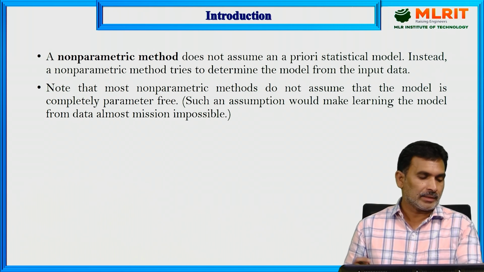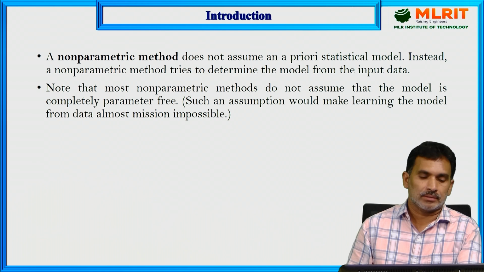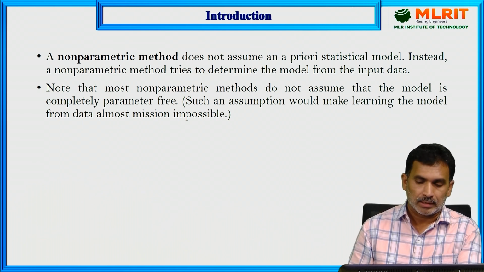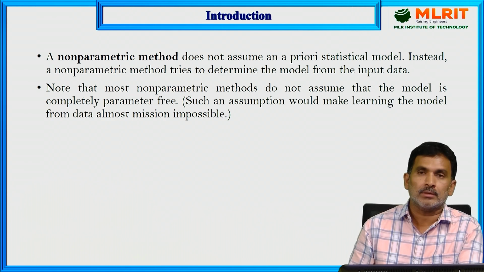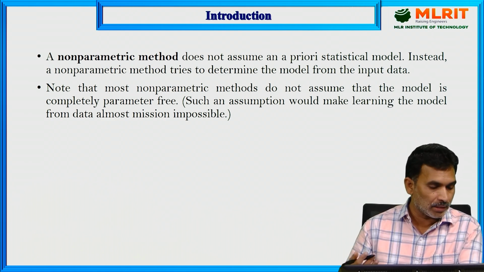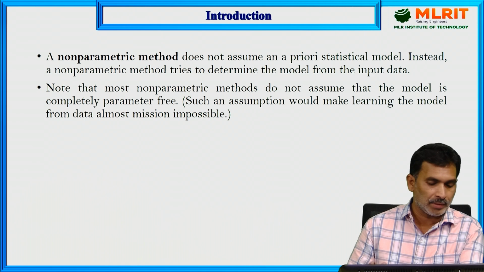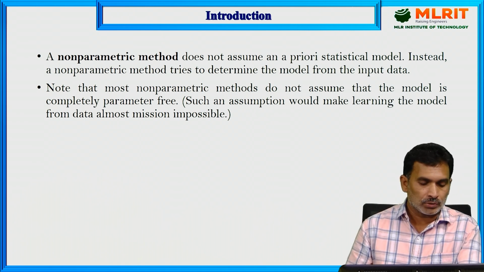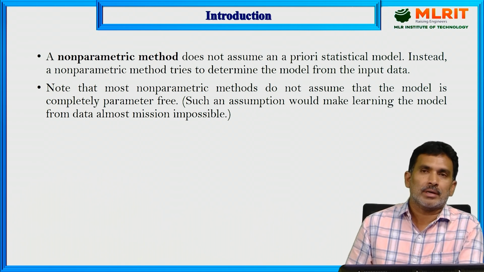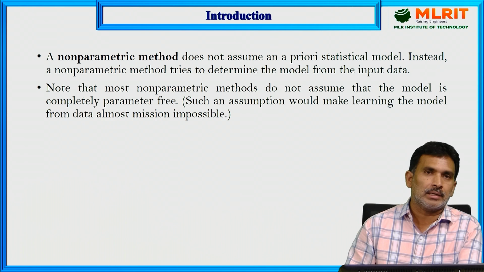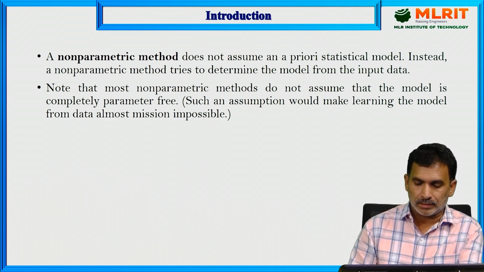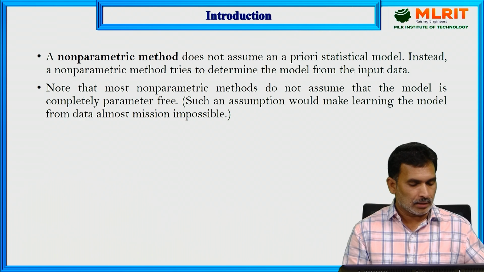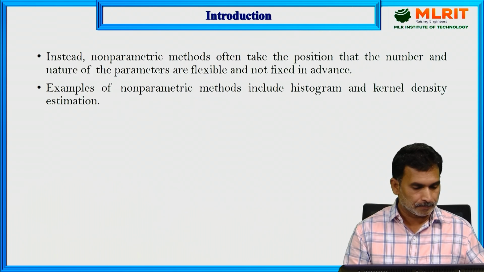Another category is non-parametric methods, which do not assume a prior statistical model. Instead, a non-parametric method tries to determine the model from the input data. There are no basic assumptions like in parametric methods. Most non-parametric methods do not assume that the model is completely parameter-free, as such an assumption would make learning the model from data almost mission impossible.